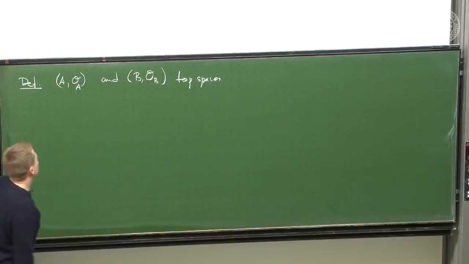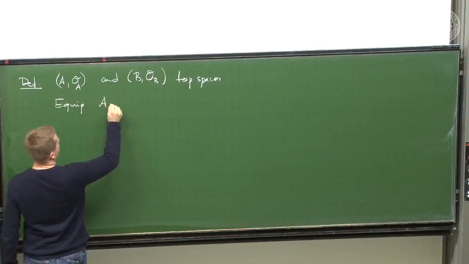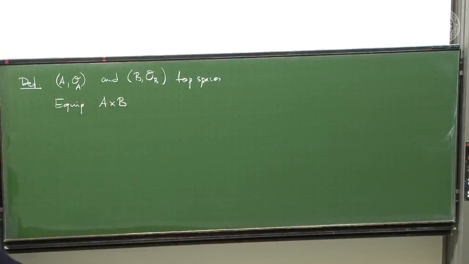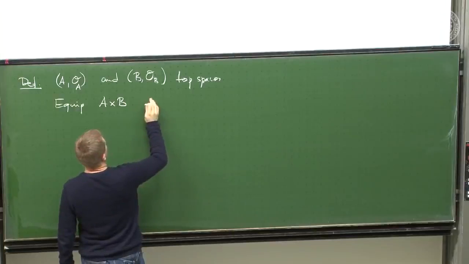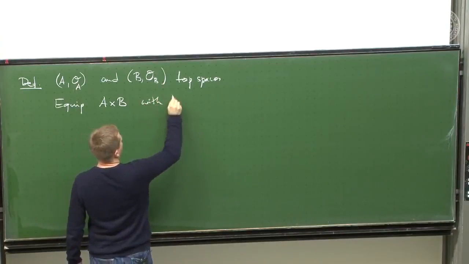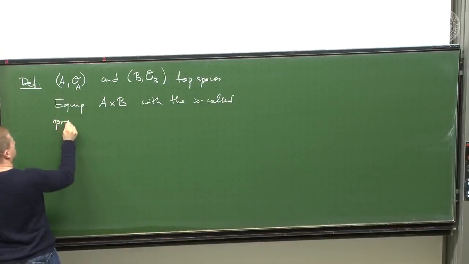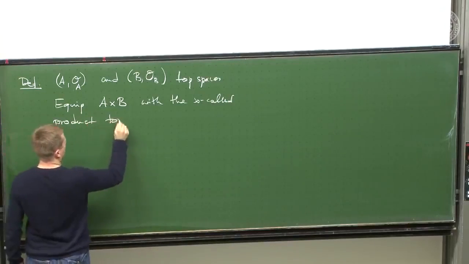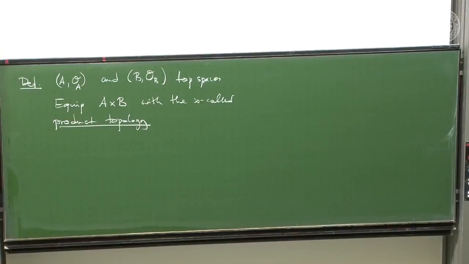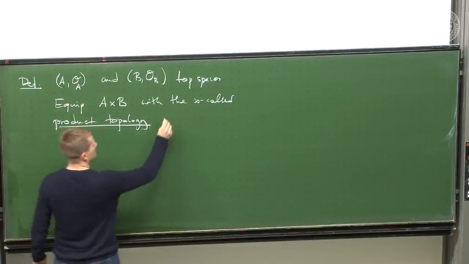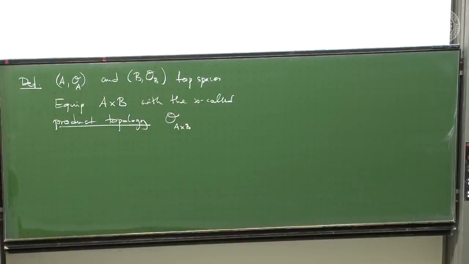Now, very often you wish to equip the Cartesian product of these two spaces. You do this all the time, implicitly. Equip the Cartesian product with the so-called product topology, which you construct in the following way. Let's call it O_{A×B}. It's the product topology.